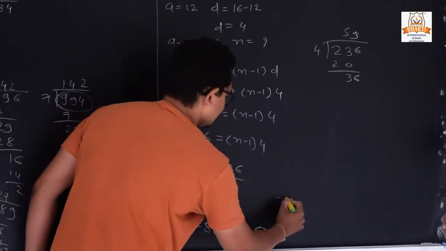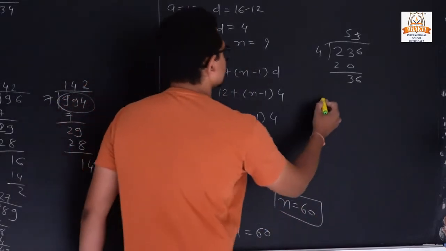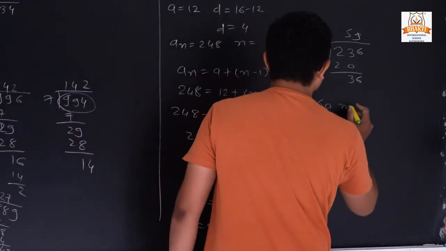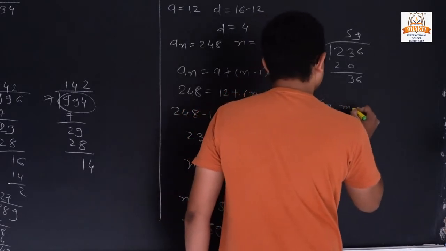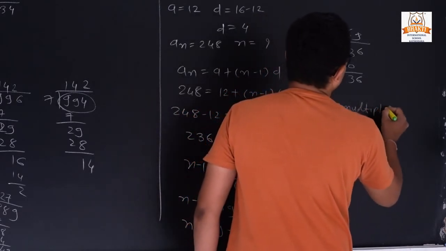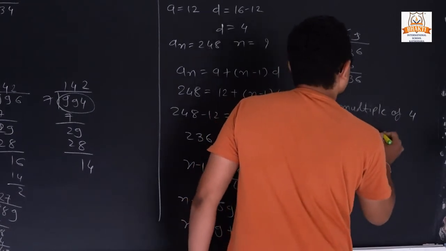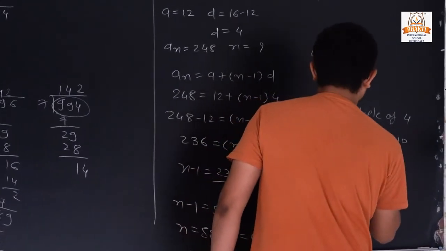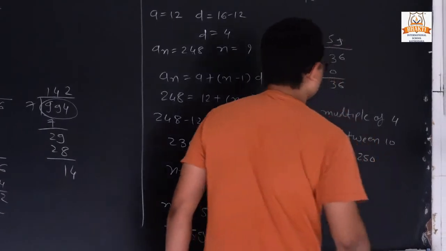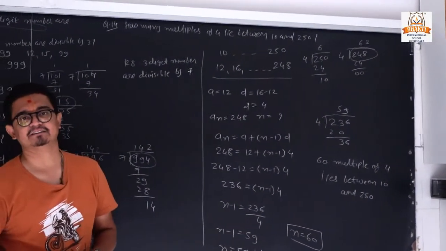So what is the answer? n is equal to 60. It means 60 multiples of 4 lie between 10 and 250. So it is our example number 14.